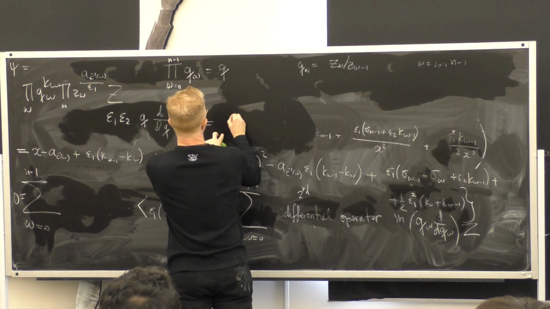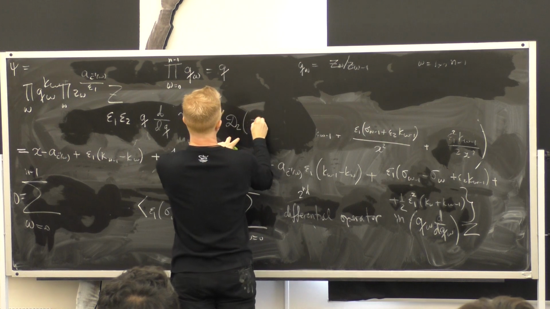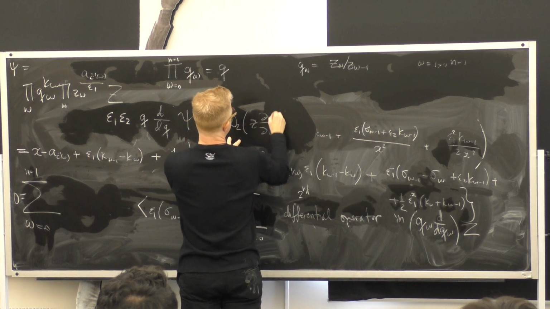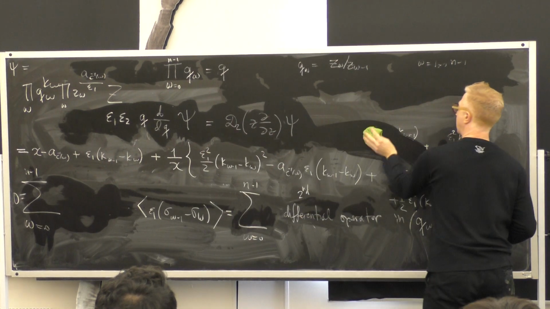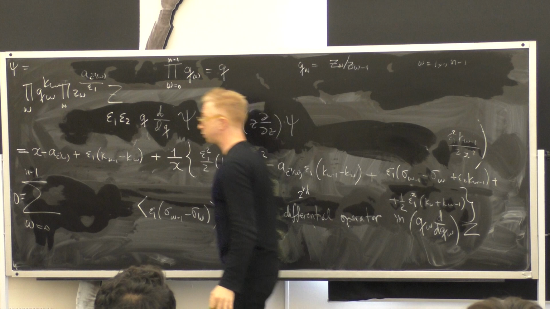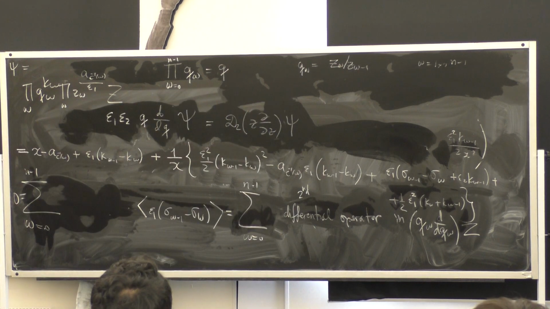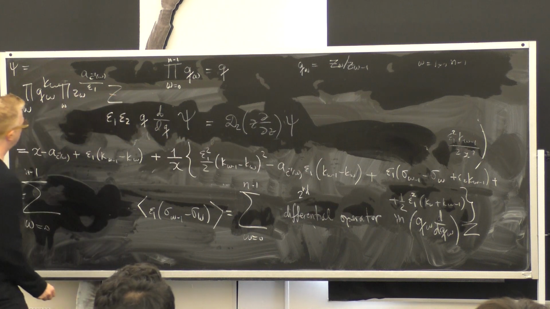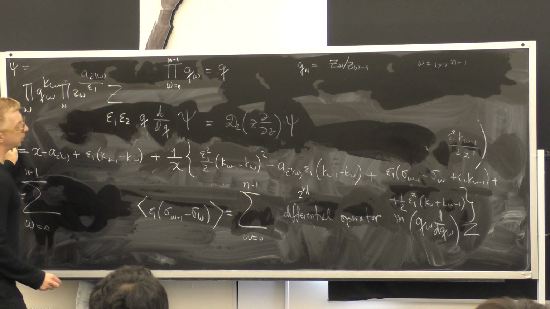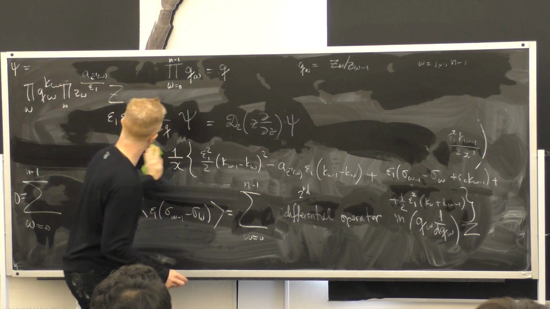So this is the second order differential operator in Z by dZ. And then you can show by some change of variables that this equation is precisely the Knizhnik-Zamolodchikov equation.